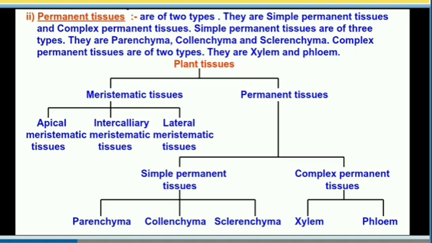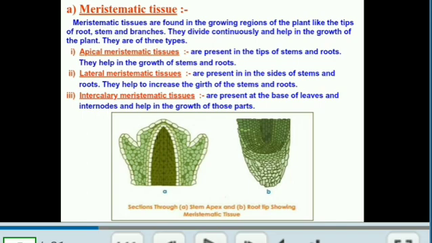We can identify them as loosely arranged, having large space between the intercellular walls of the plant.